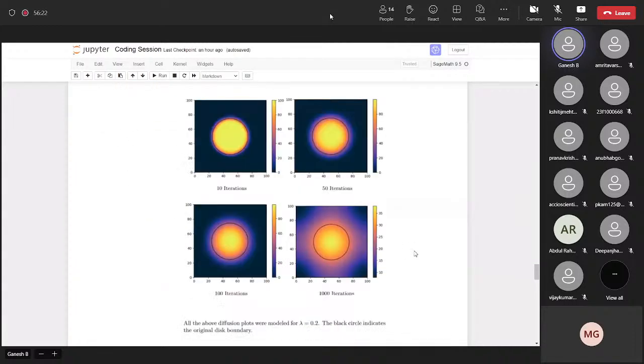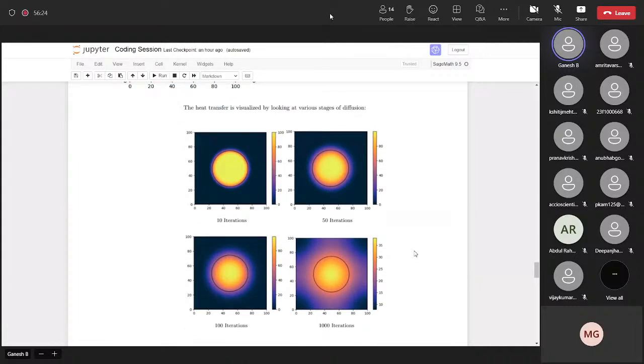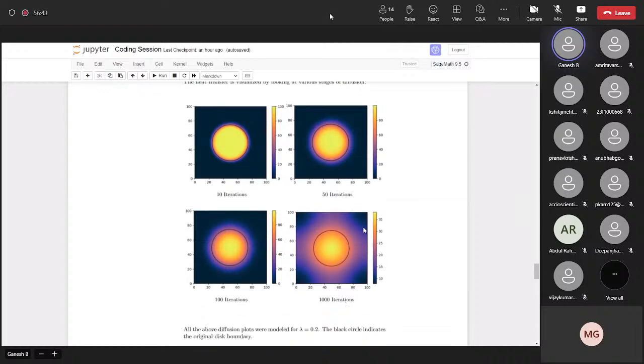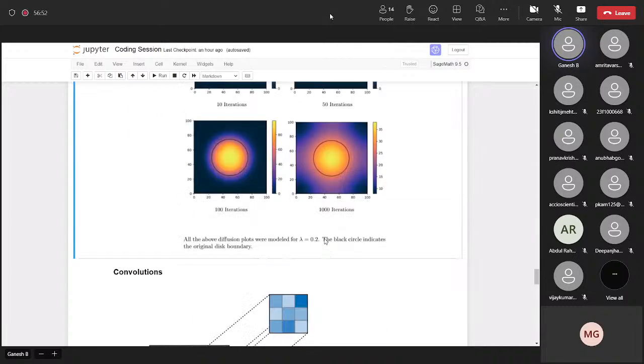As time passes, as the number of iterations goes up, the heat slowly diffuses very symmetrically, the way you would expect in a physical world. So this is how heat actually diffuses through a disk if you keep it in a surrounding square plate. I made all this for lambda equals 0.2.